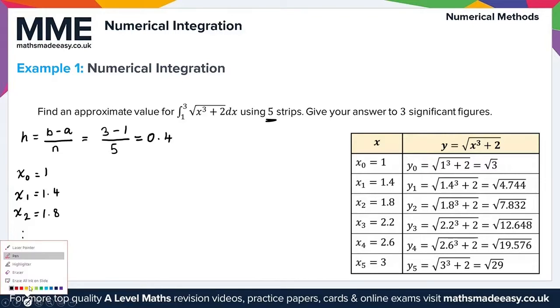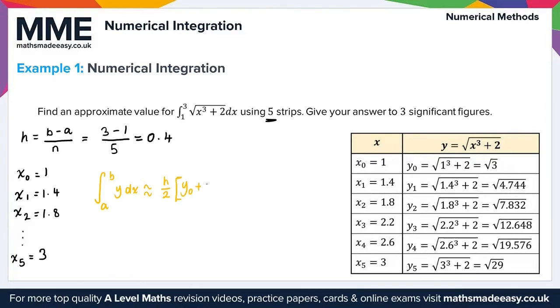The integral from a to b of y with respect to x is approximately h over 2 times y0 plus our last term, yn, and then 2 lots of all the other terms: 2 lots of y1 plus y2 plus all the way up to our penultimate term, yn minus 1.